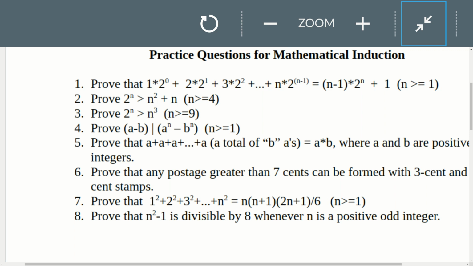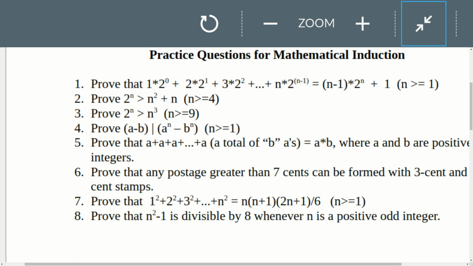That's what we're trying to prove. So if we now plug n plus 1 into here and then add it to both sides, we just want to add one more term. So we take this and add n plus 1 times 2 to the n, and we'll add it to both sides.